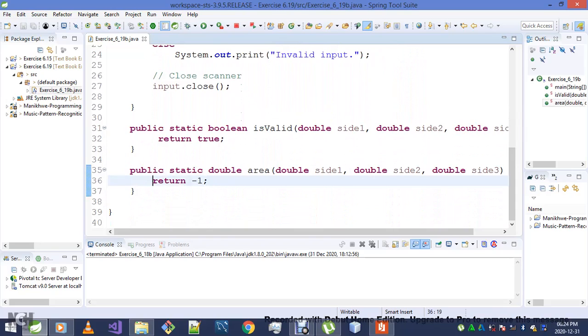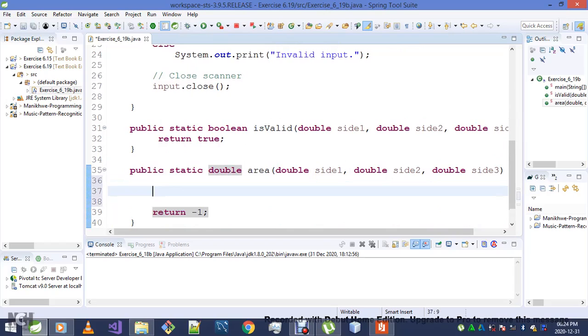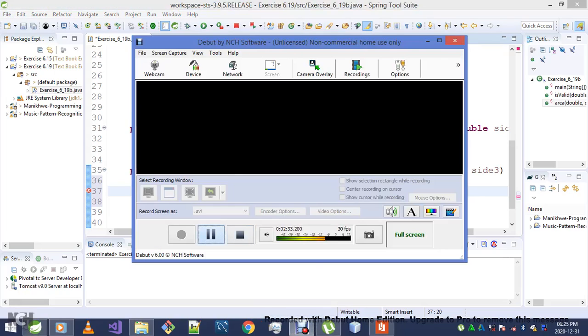Let's start by returning the area of the three sides. I'll simply code double area.